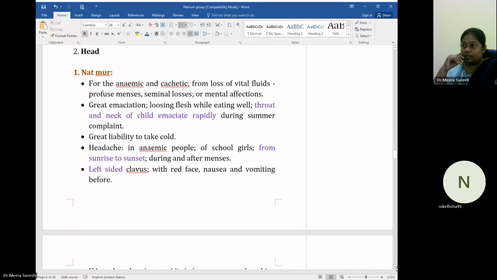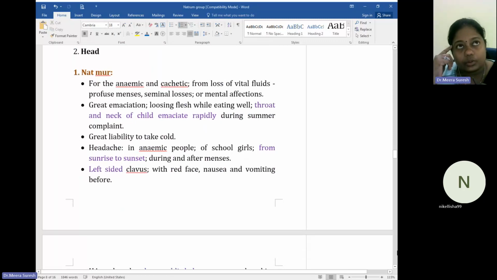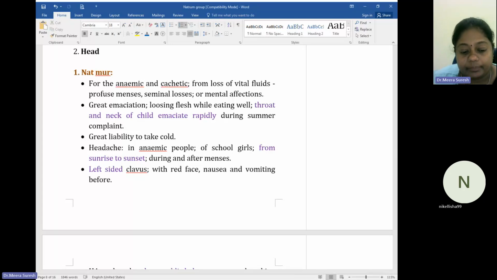Left-sided is this one, and for clavus the exact word meaning I would like to check, but this left-sided area, which is temporal, that pain, the left-sided pain, and clavus is something like very pointed.